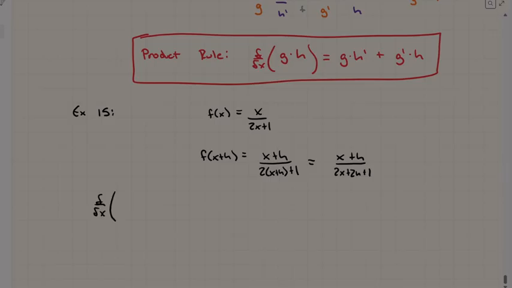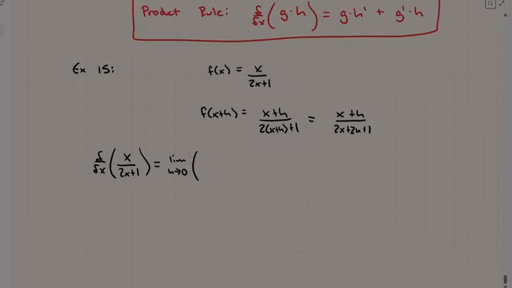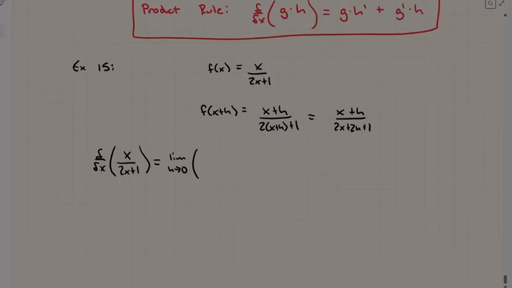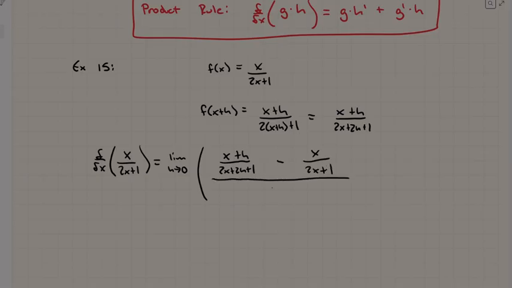So the derivative of x over 2x plus 1 would be equal to the limit as h approaches 0 of, we're going to need more space, f of x plus h minus f of x over h.